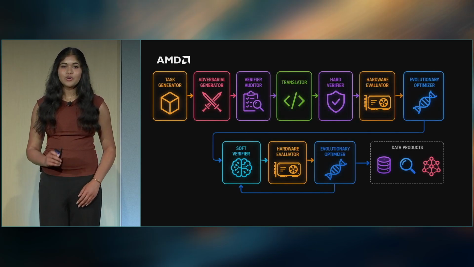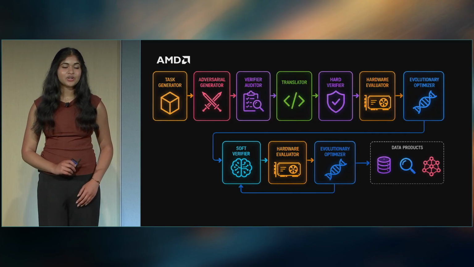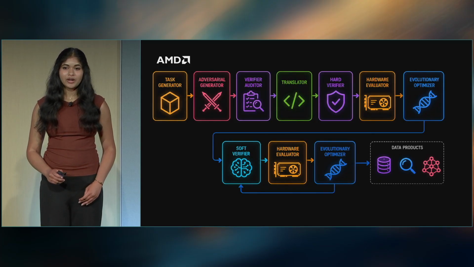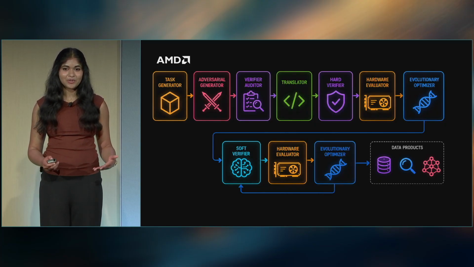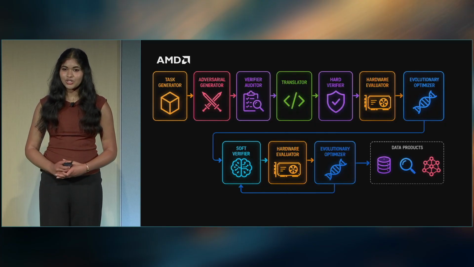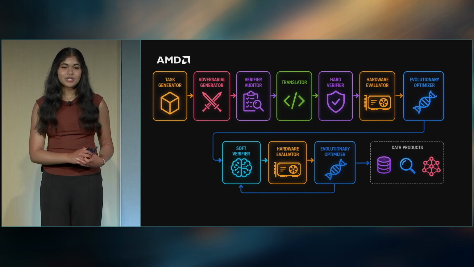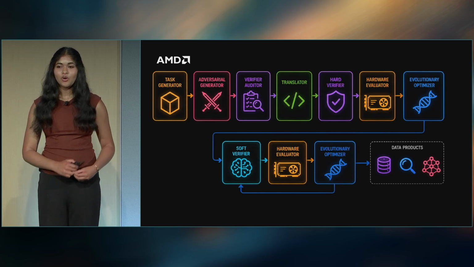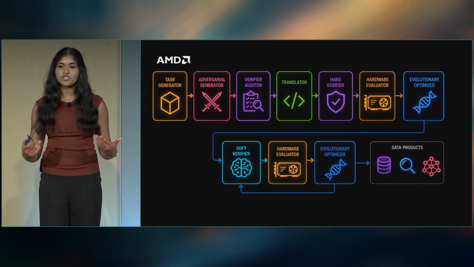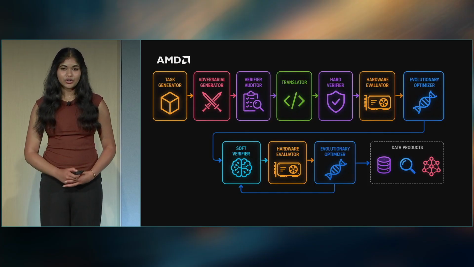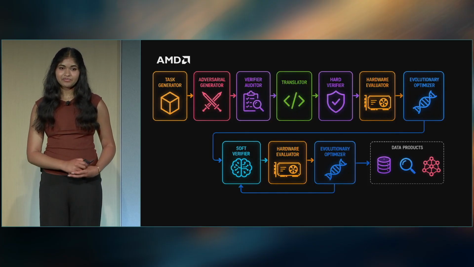From there, the most important agent we're introducing is our evolutionary optimizer. Once we have a correctly compiled kernel with correct output, we want to make it faster and more performant. Instead of just increasing the performance of one kernel at a time, we're going to leverage massive parallel search and explore various generations of candidates in order to get the fastest kernels.